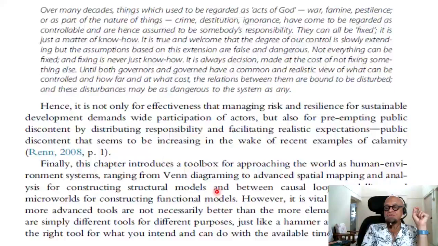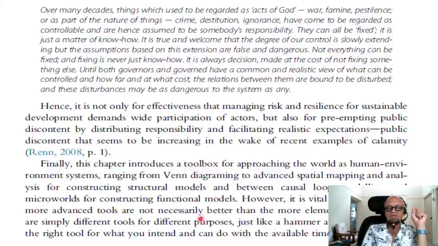Finally, this chapter introduces a toolbox for approaching the world as human environment systems, ranging from Venn diagramming to advanced spatial mapping and analysis for constructing structural models, and between causal loop modeling and micro worlds for constructing functional models. However, it's vital to realize that the more advanced tools are not necessarily better than the more elementary ones.